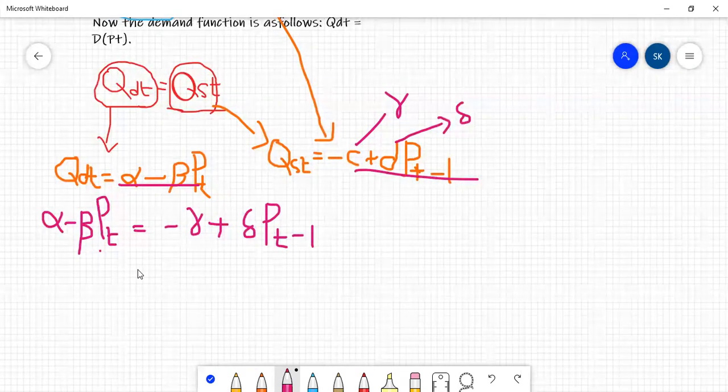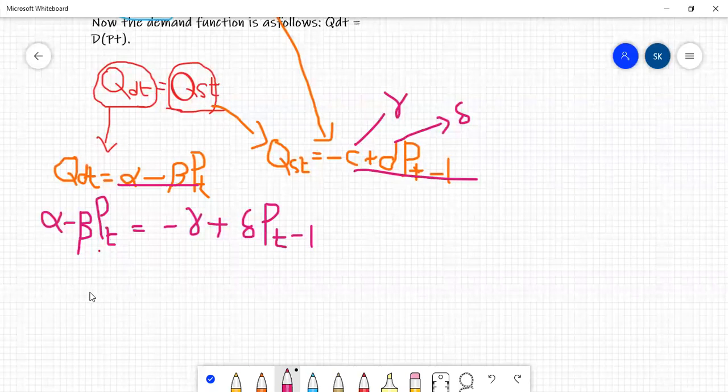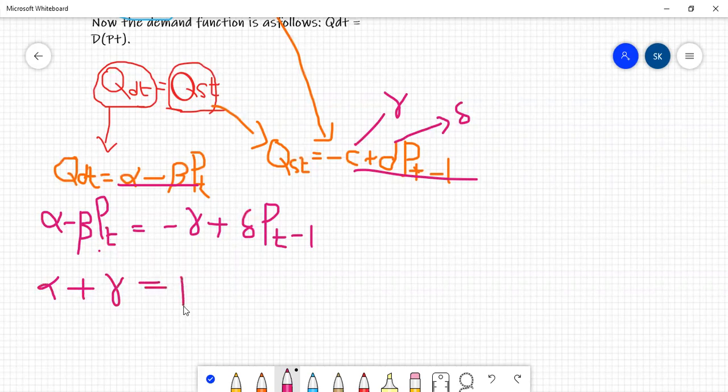So what we will do next is rearrange the equation. That is, we will get alpha plus gamma on one side and the coefficients on the other side, that is beta pt plus sigma pt minus 1.